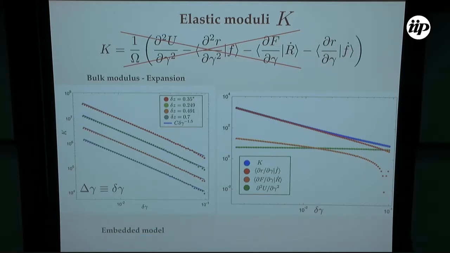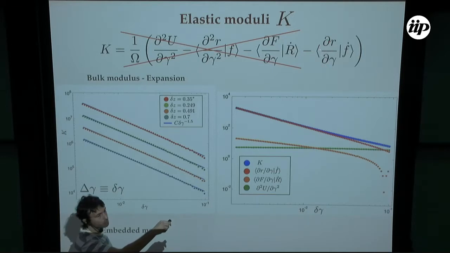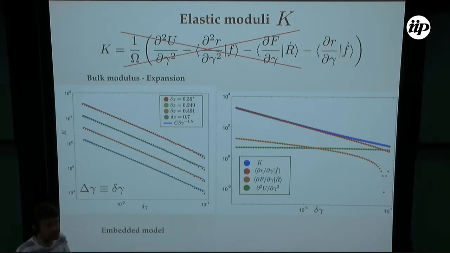These are the different terms, and you can see that only this term is really important close to the critical point. The detail of the other term is not important, but it is just a vector of order 1. In the case of an expansion, you can imagine it's really just a big vector with just 1 in it. And so the whole critical behavior is contained in this F dot.